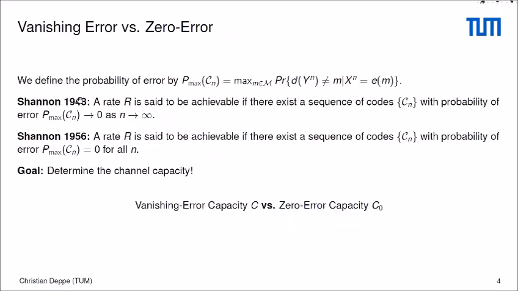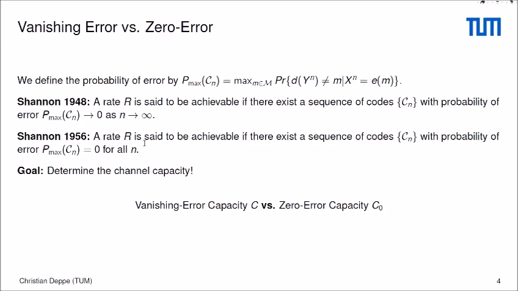In 1948, Shannon defined the Shannon capacity. He defined that a rate is said to be achievable if there exists a sequence of codes such that the probability of error tends to 0 if the block length n tends to infinity. This is called the Shannon transmission capacity. In 1956, Shannon defined also the zero error capacity.